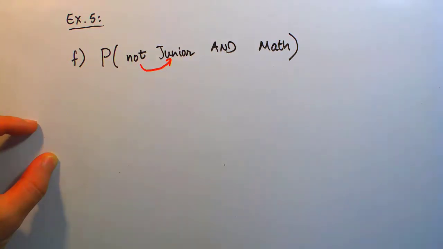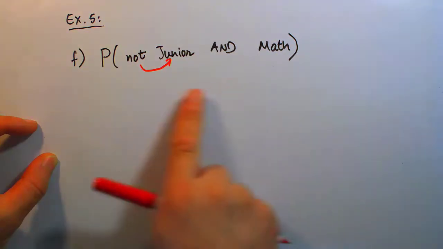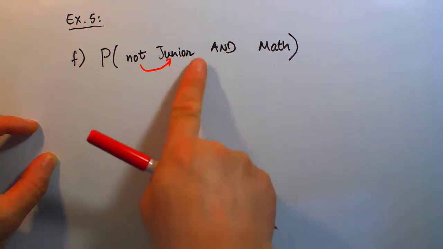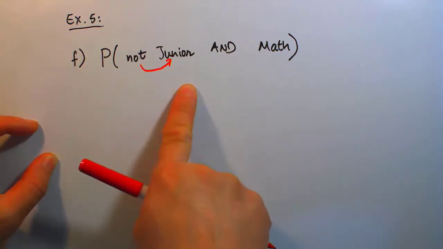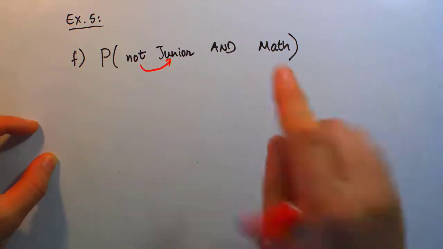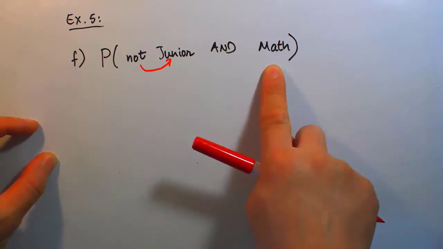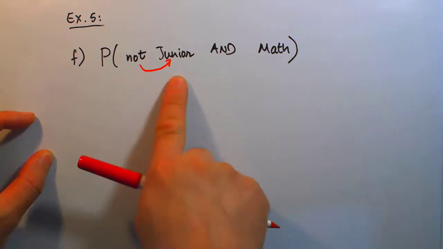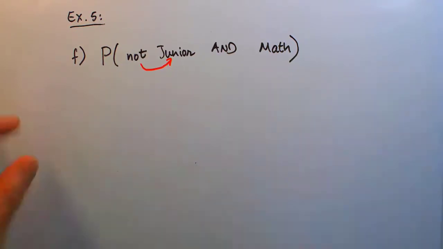In other words, the negation only attaches to whichever event comes immediately after it. So math is actually not being negated. We are only negating junior. Math, we are looking for math.